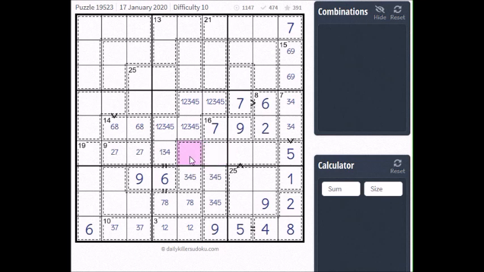The 6 must be in one of these two cells, but also note that the 8, now here we cannot have an 8, and here we don't have 8, so this is 8, and this is 9, 6.